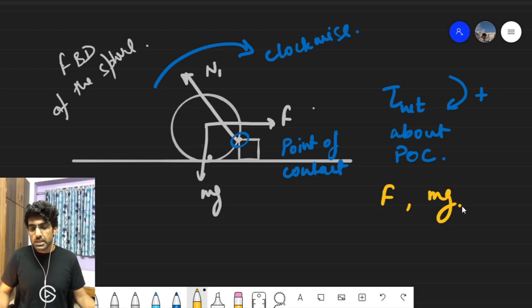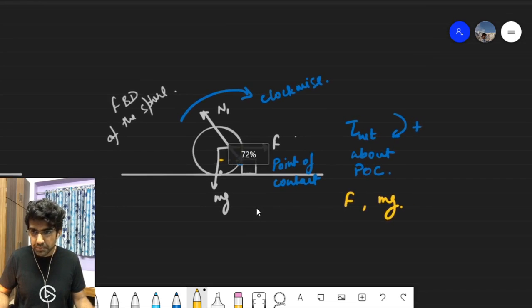F creates torque in the clockwise direction while mg in the anti-clockwise direction. You can see from here that this is the arm for F about the point of contact, and this is the arm for mg. The normal force n1 will cause no torque about the point of contact because it is passing through the point of contact itself. So let's see the calculations over here.